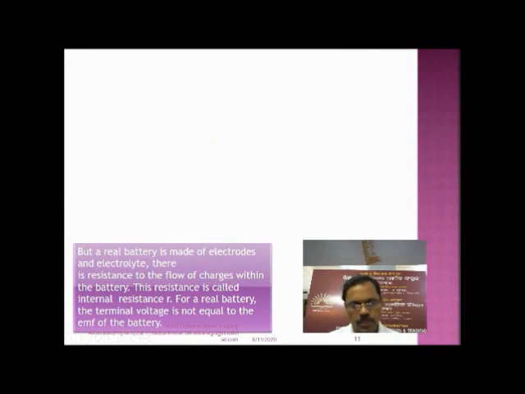Let us see the determination of internal resistance. The battery itself has a solution, so it has resistance. That is called the internal resistance of the cell.